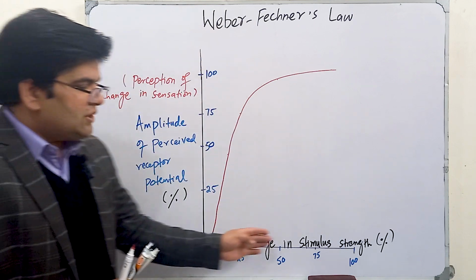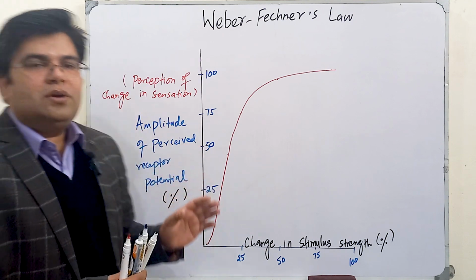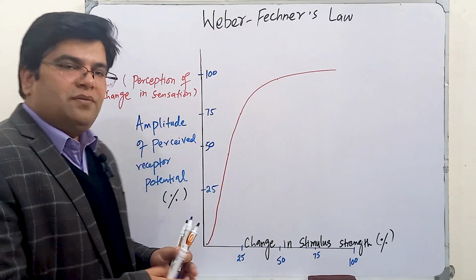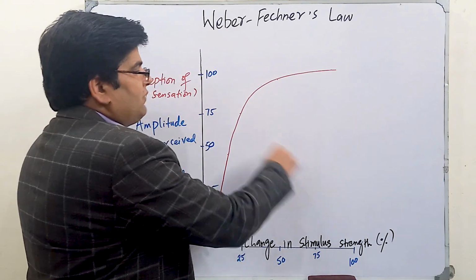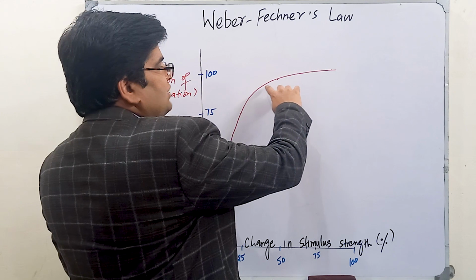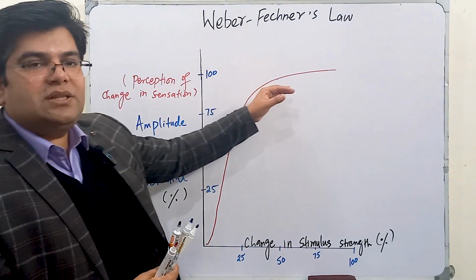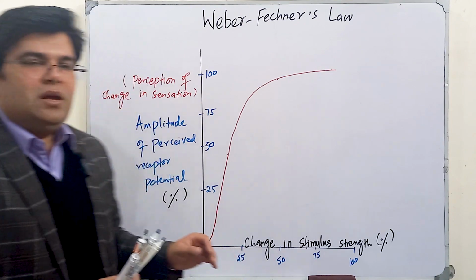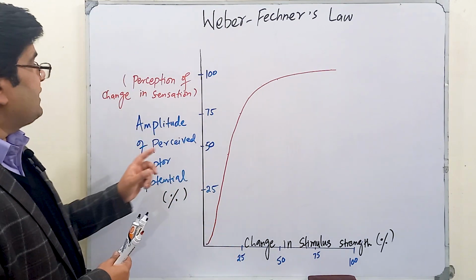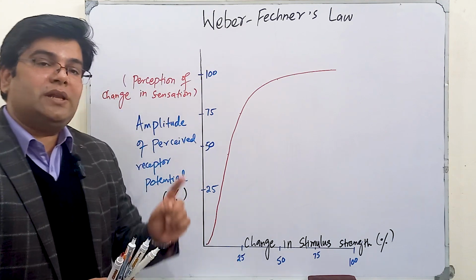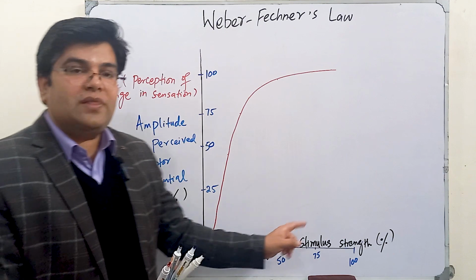When there is a change in the strength of stimulus, initially there is greater change in the perception of that sensation, but with further increase in the strength of stimulus, you can see that this graph gradually flattens, which means that there is less change in the perception of that sensation. This relationship is actually a log relationship, and we can say that the perception of change in actual sensation is proportional to the log of change in the strength of stimulus.